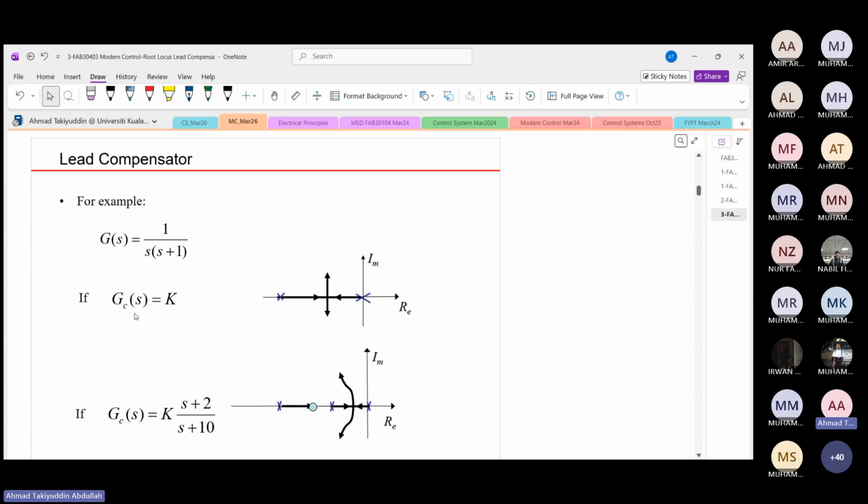If the Gc is a constant value, you will possibly have the locus as a straight vertical line, and this vertical line shows your consideration from k equal 0 up to k equal infinity.